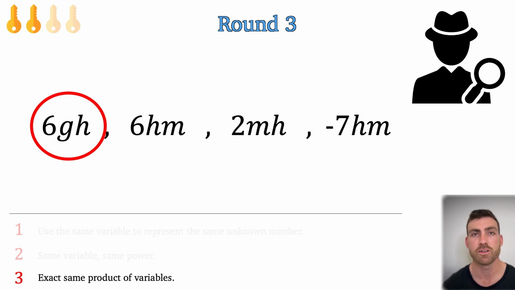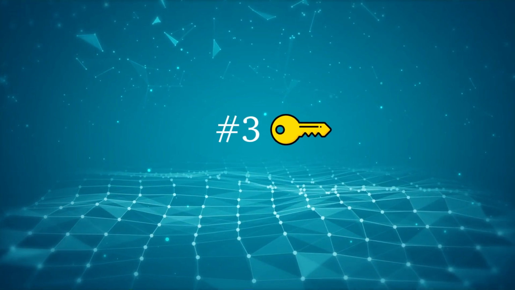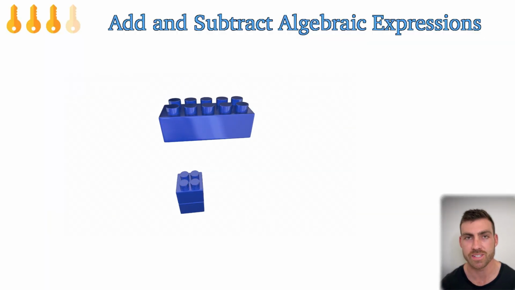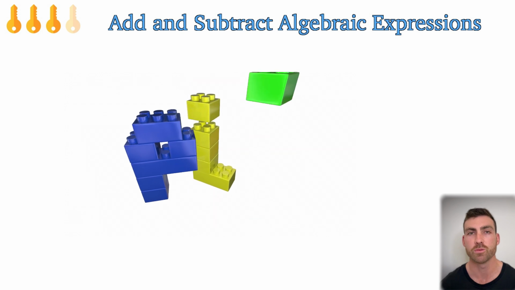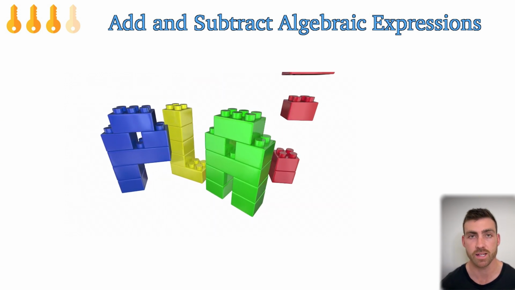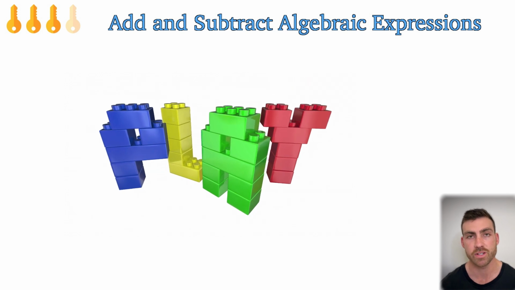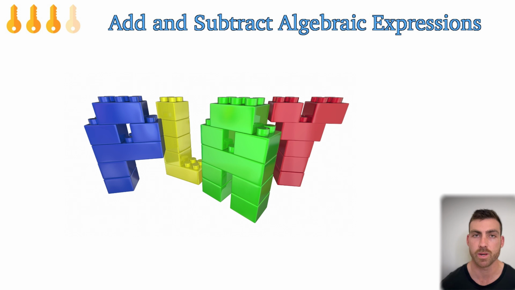Now that you know how to identify the like terms, let's learn how to add and subtract algebraic expressions in the third key. Adding and subtracting algebra is as easy as adding and subtracting building blocks, with one critical rule. We can only add and subtract blocks of the same color, or in terms of algebra, like terms, which is the same unknown number.